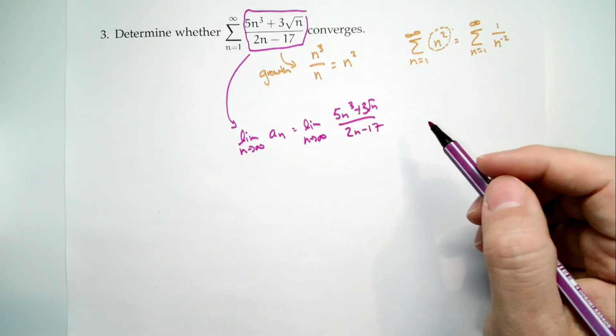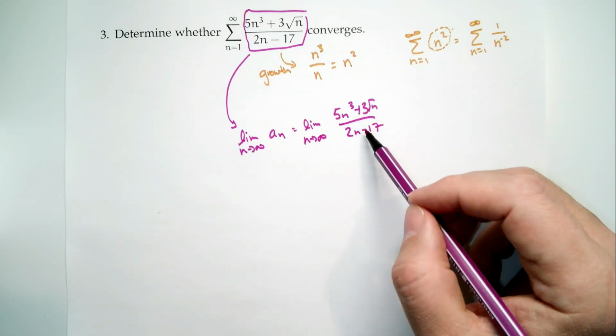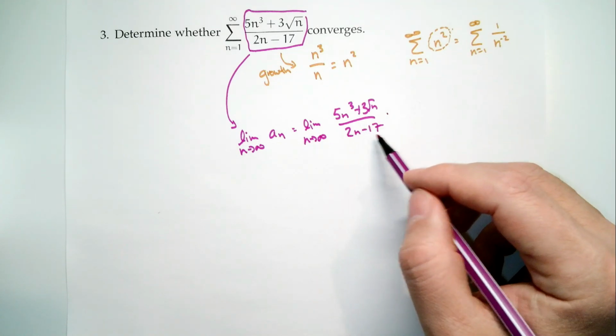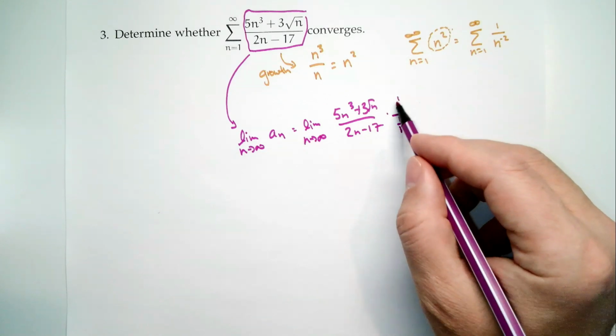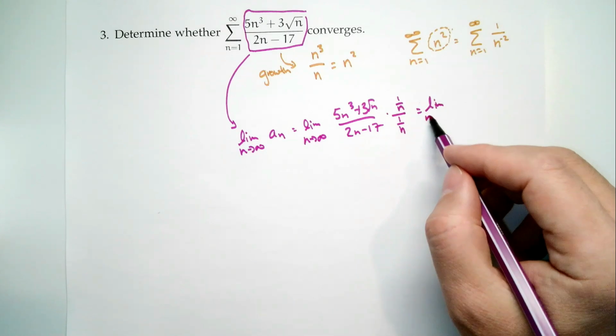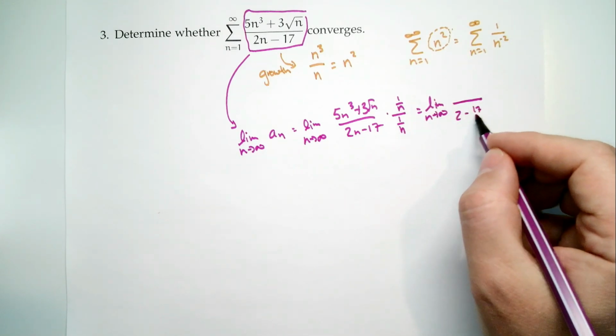Well, let's see what we can say. The growth is faster on the top than on the bottom. What's the smaller growth? The answer is downstairs. So we're going to divide out by that growth, so 1 over n. So this is the limit as n goes to infinity, and downstairs, 2 minus 17 over n.